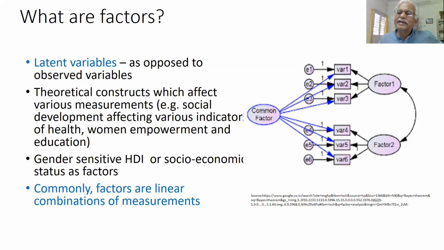And by making a combination of these variables, by making a function of these variables, linear or non-linear, you arrive at the index called gender sensitive human development index. So it can be called a latent variable. We have not observed human development index. What you have observed is income, years of schooling, and participation in the political processes. But you have not observed index. Index is a kind of factor.